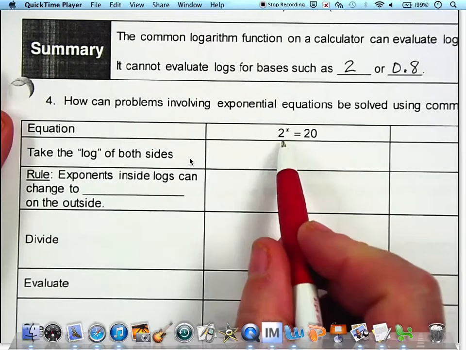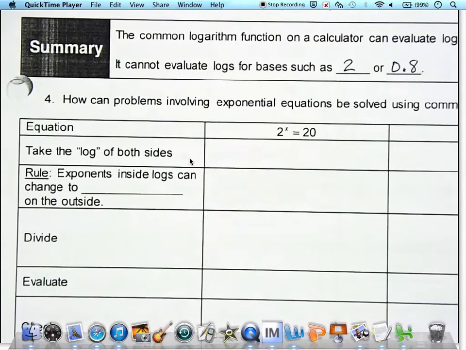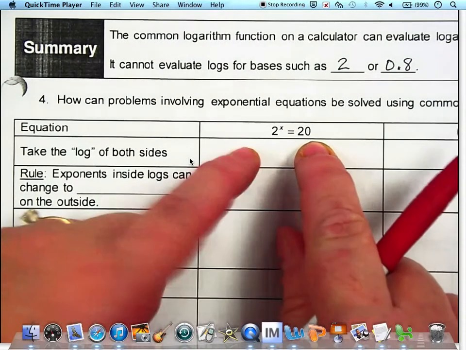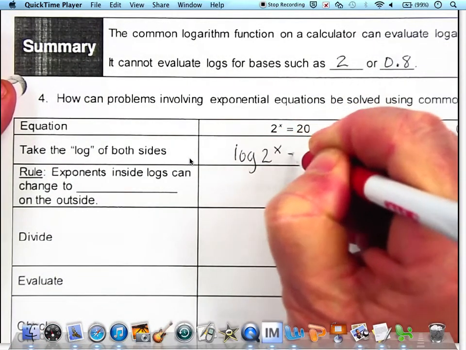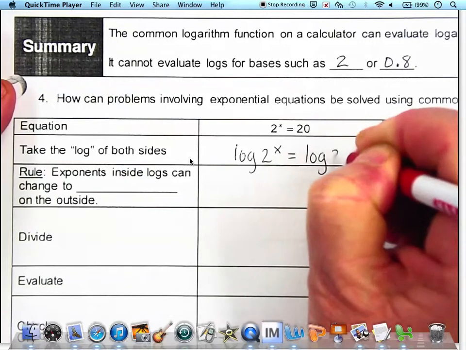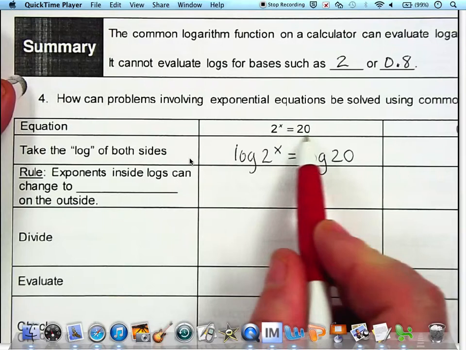So if you put an exponential equation underneath your pillow, then she will bring you 2 logs, one to put on either side. So we're going to have log of 2 to the X equals log of 20, just inserting a log in front of each side.